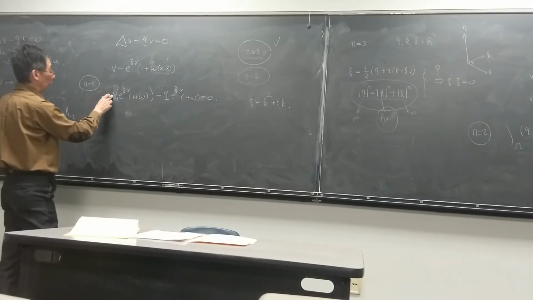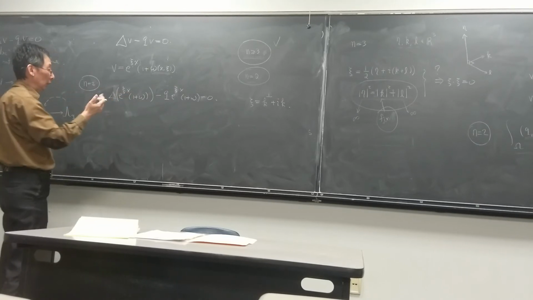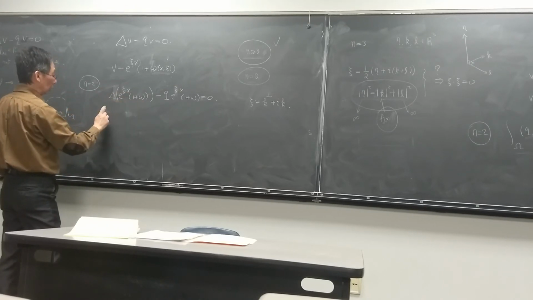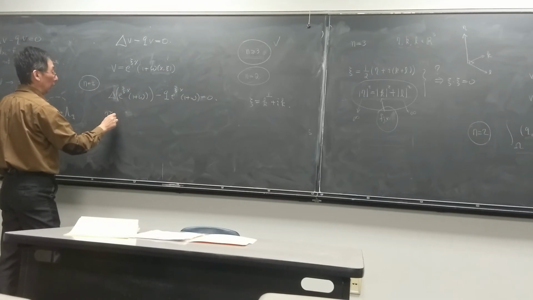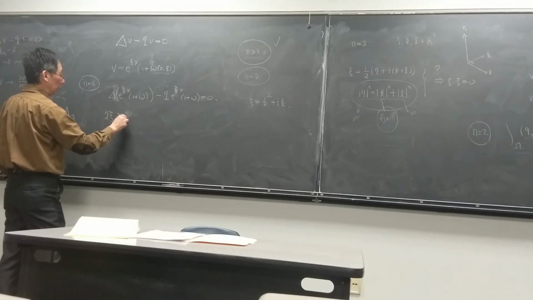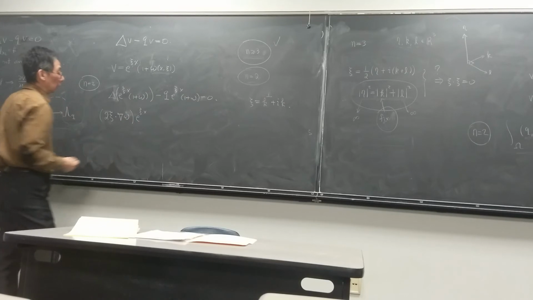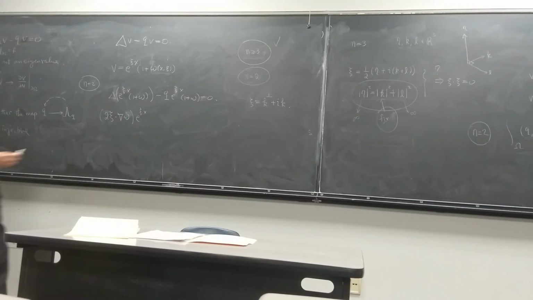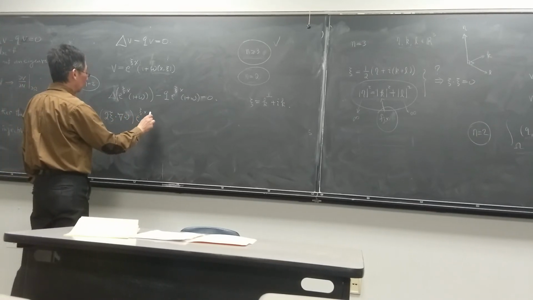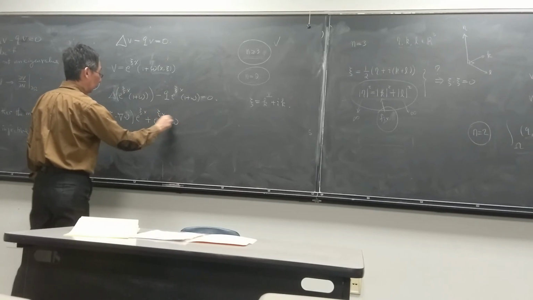Then you have gradient of this dot gradient of that, twice of that. So on the first part, it's going to be 2C dot gradient omega, times the exponential of C dot x, right? And then plus e to the C dot x times the Laplace of omega.